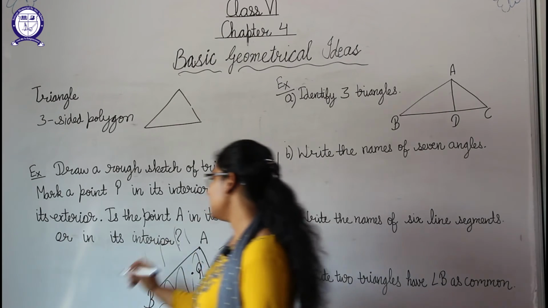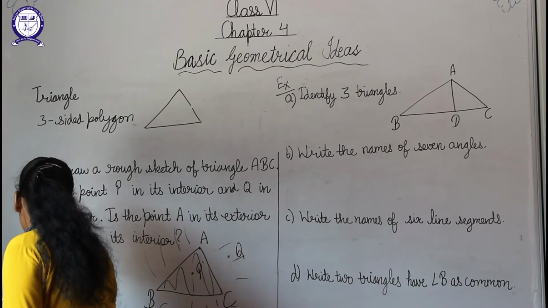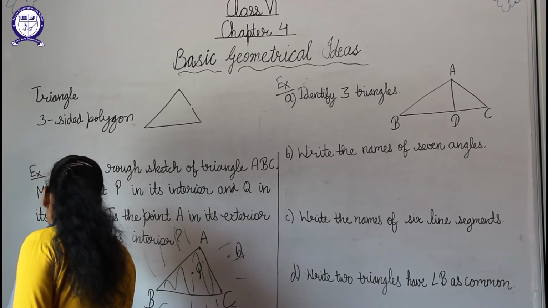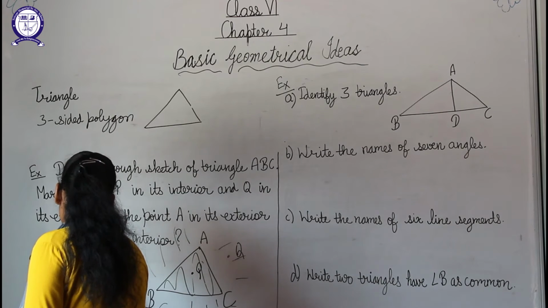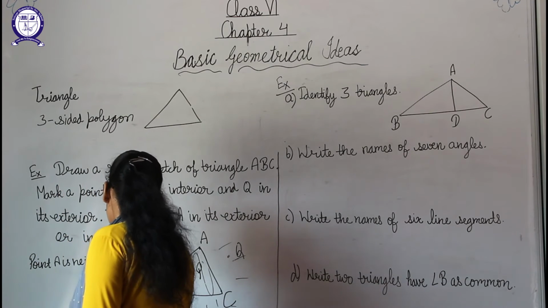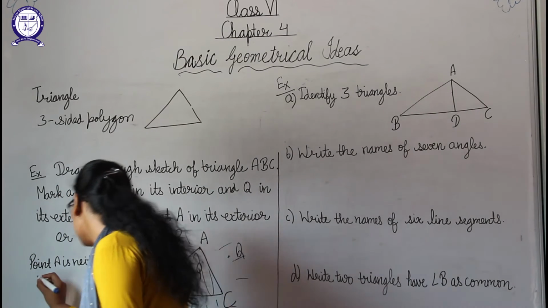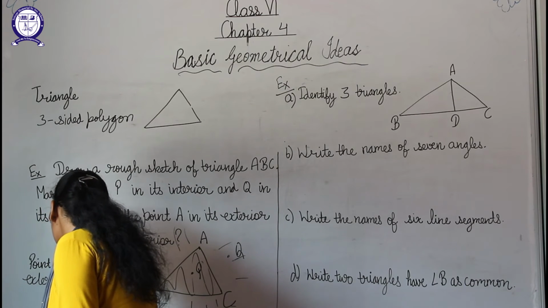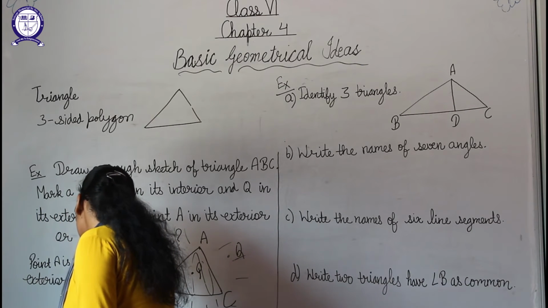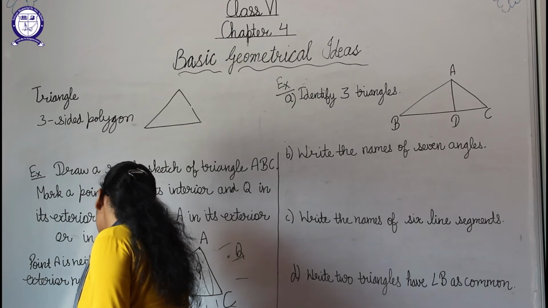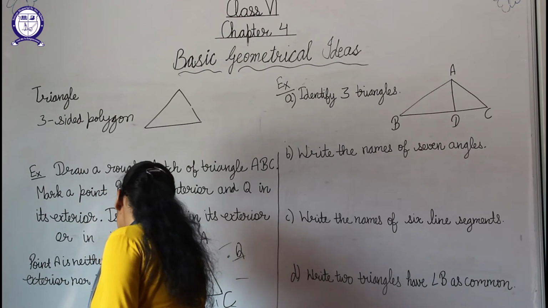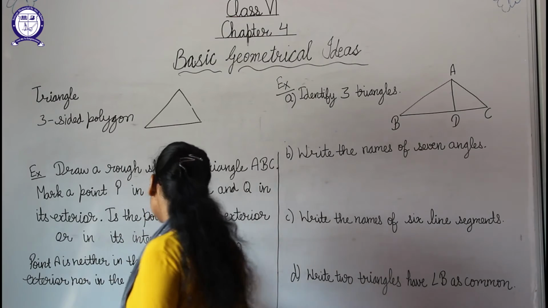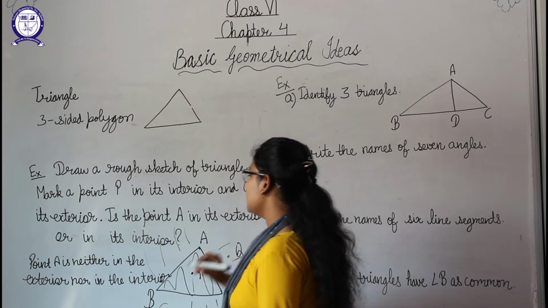So we will write that point A is neither in the exterior nor in the interior, but it is on the triangle ABC.